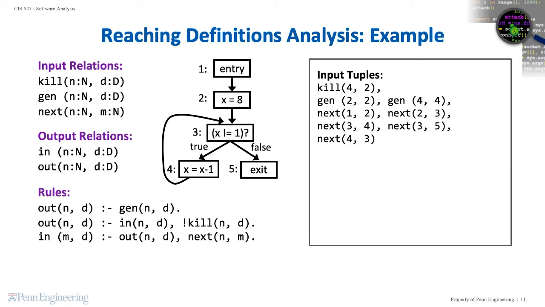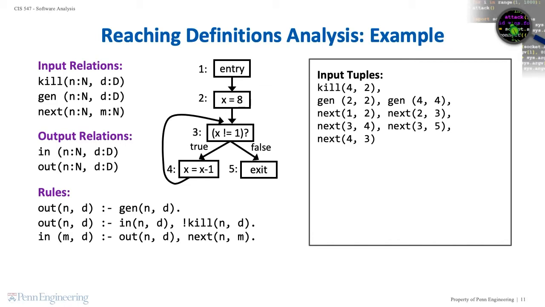Because each definition is associated with a program point, we will label the definitions by the number of the program point they appear at. So, the definition x is assigned 8 will be denoted by letting d equal 2 in the relations. And the definition x is assigned x minus 1 will be denoted by letting d equal 4.